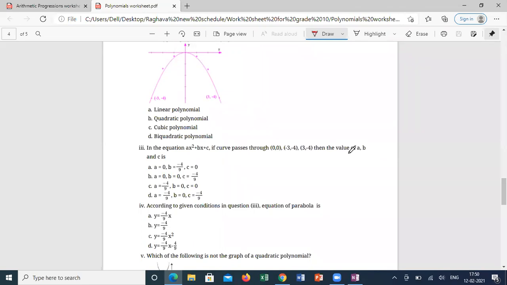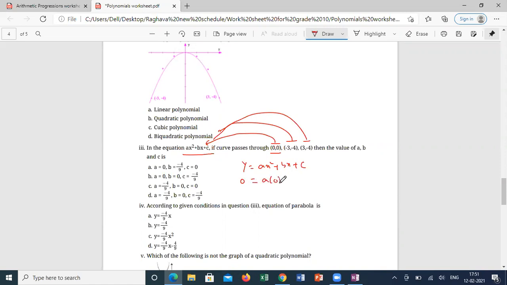he's saying this is the expression and these are the coordinates that need to satisfy this expression. That means, if I am taking y is equal to ax square plus bx plus c, for example, and substituting 0, 0, what is the y value in the first coordinate? 0.